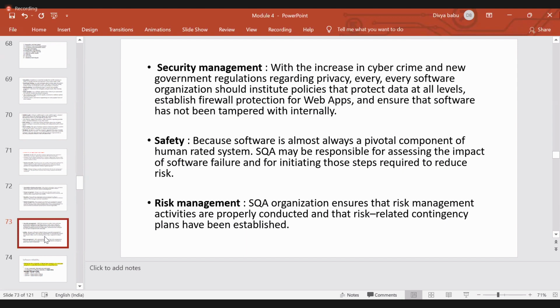Then safety. Safety means you need to study both hardware and software failure and their impact to reduce the risk. That we call risk analysis, and each and every risk has a different type of impact. Some are moderate, some create a very big problem in your system, and some impacts you can ignore.